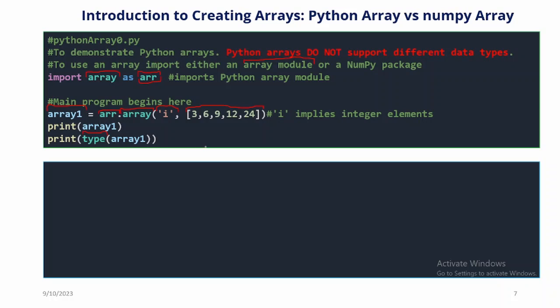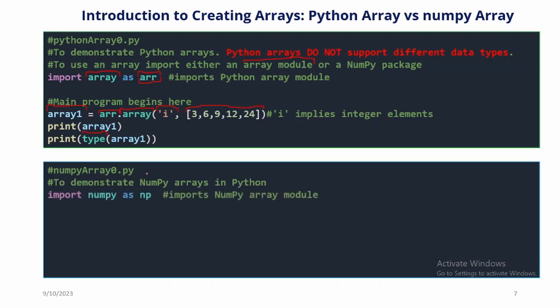So the second method to create arrays in Python is to use NumPy arrays. We'll call this program NumPy array 0.py to demonstrate NumPy arrays in Python. So we import NumPy as np.